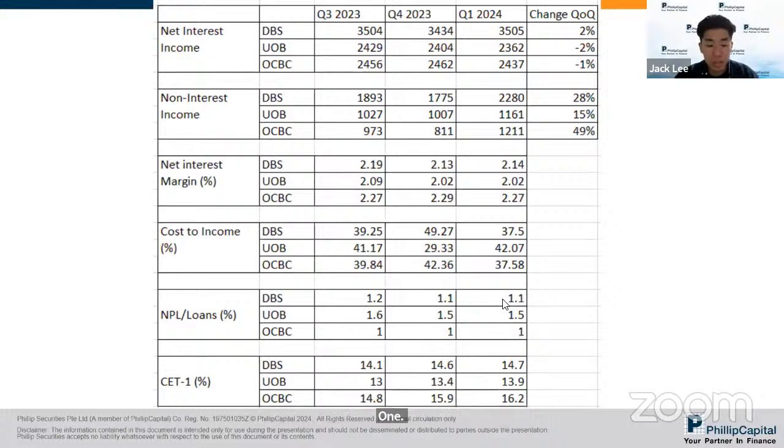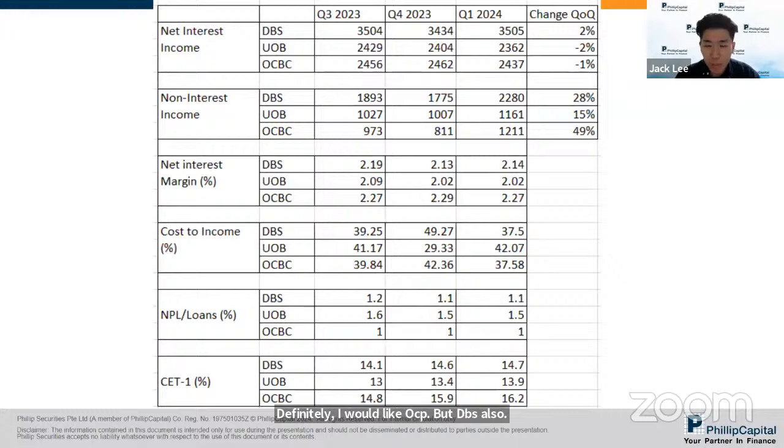DBS is also very good. On the CET1 level, OCBC is also winning. So if I look at the annual and quarterly reports of the three banks, I will definitely like OCBC, but DBS is also a good choice.